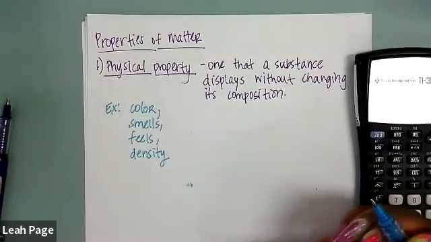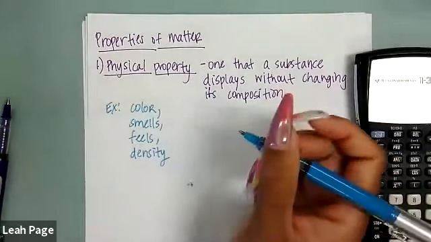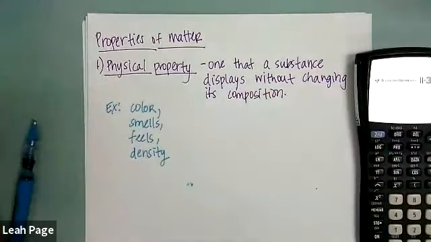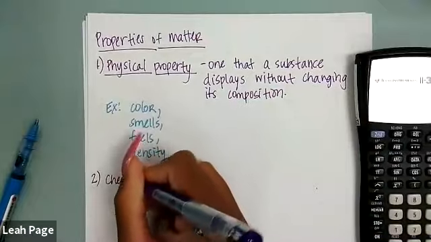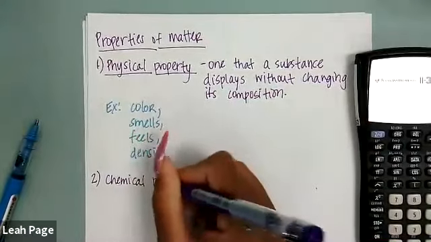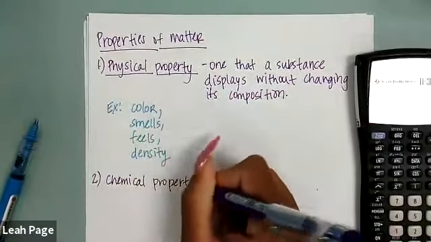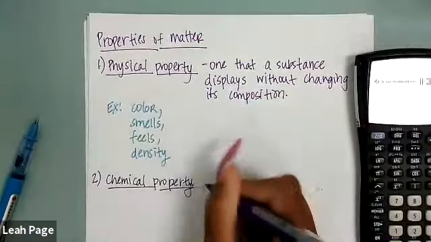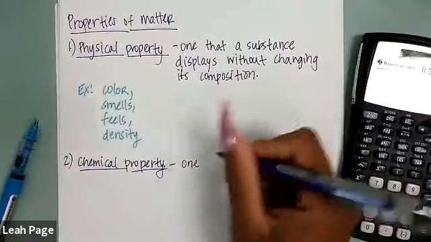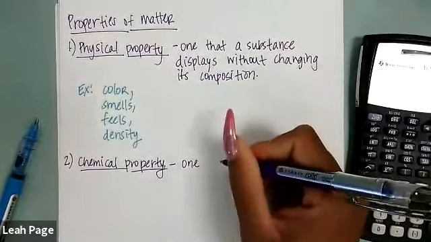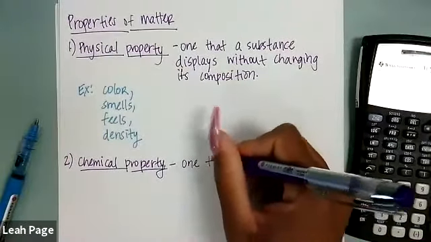On the other hand, I can have a chemical property. A chemical property is one that a substance displays only through changing its composition.